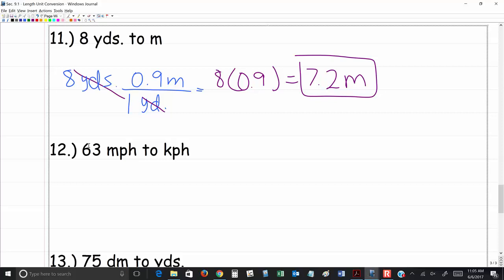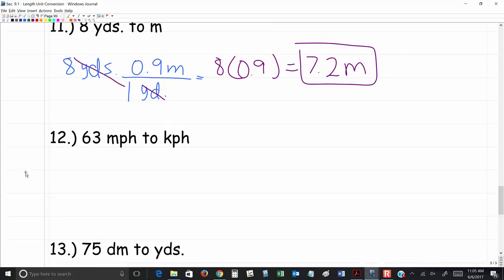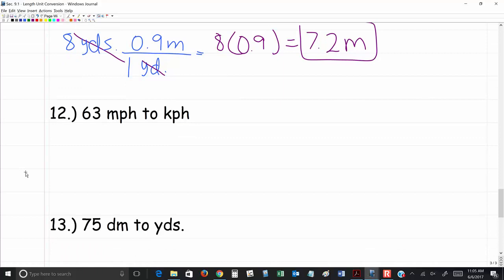Okay. 63 miles per hour convert to kilometers per hour. So the per hour part is the same on both of them. So basically all we're doing is just converting 63 miles to kilometers. So 63 miles.